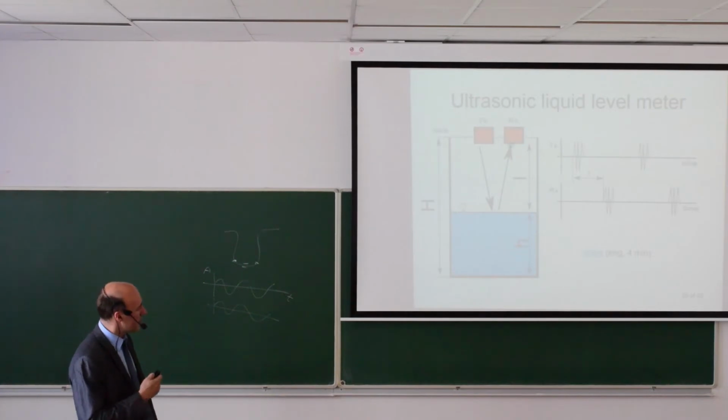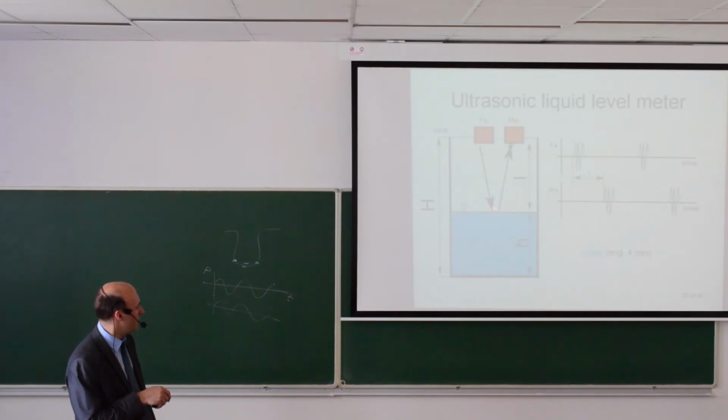So we have basically seen this ultrasonic sensor already. Now this is used as a liquid level meter, but we have seen this already for position sensor. It's exactly the same. We have a transmitter, and this transmitter transmits an ultrasonic pulse.